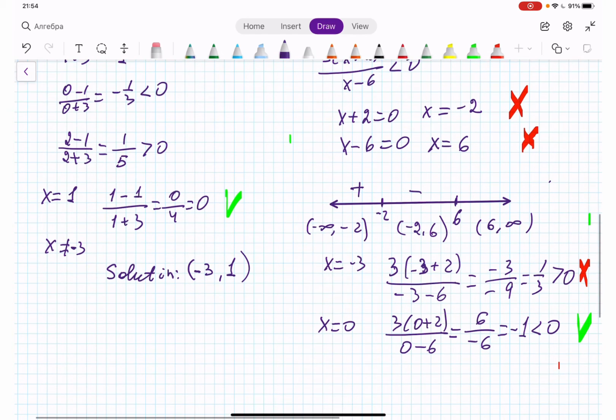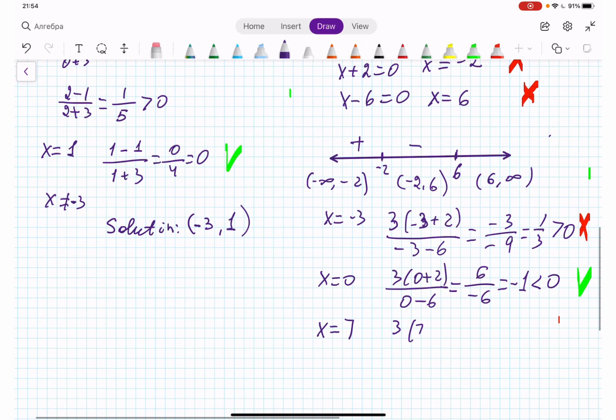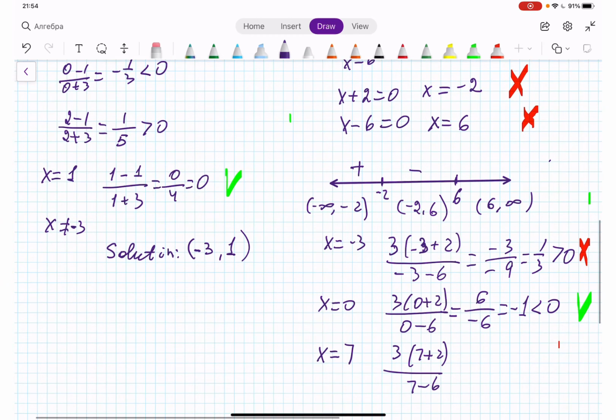And lastly, we'll take between 6 and infinity. So I'm taking x equal to how much? 7. So it's going to be 3 times 7 plus 2, over 7 minus 6. It's going to be positive, right? 9 times 3, 27. And this is 1, which is greater than 0.